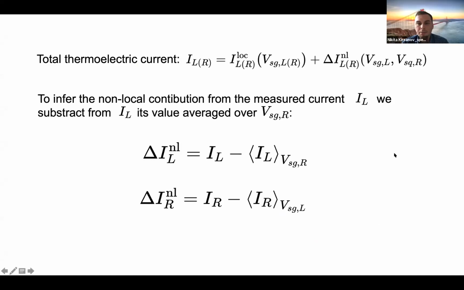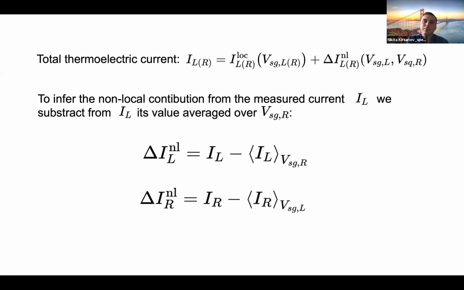So we know for a fact, from the theoretical point, that if we take a current on the left, for example, and we average it over the gate voltages on the right, then we will get the local contribution. This can be seen from the theoretical plots.